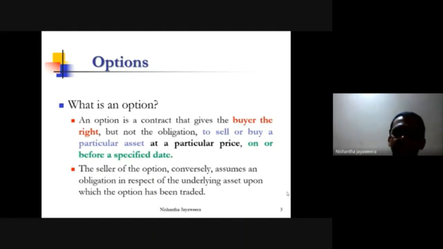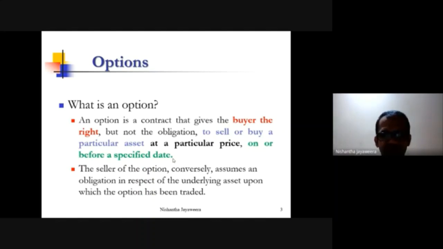And the buyer does not get any obligation. That's also important. For the buyer, there's no obligation. Once you buy the option, you have only the right to do what? It can be to sell the underlying asset, or it can be to buy the underlying asset, and the price is agreed, on or before a specified date. That is the basic structure of an option.